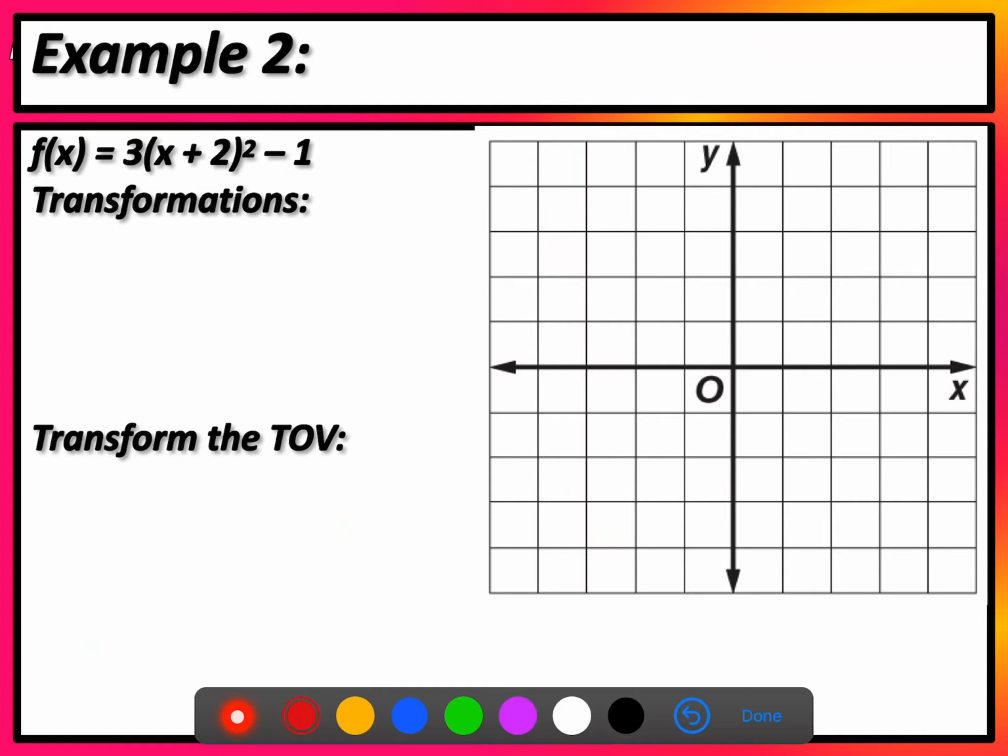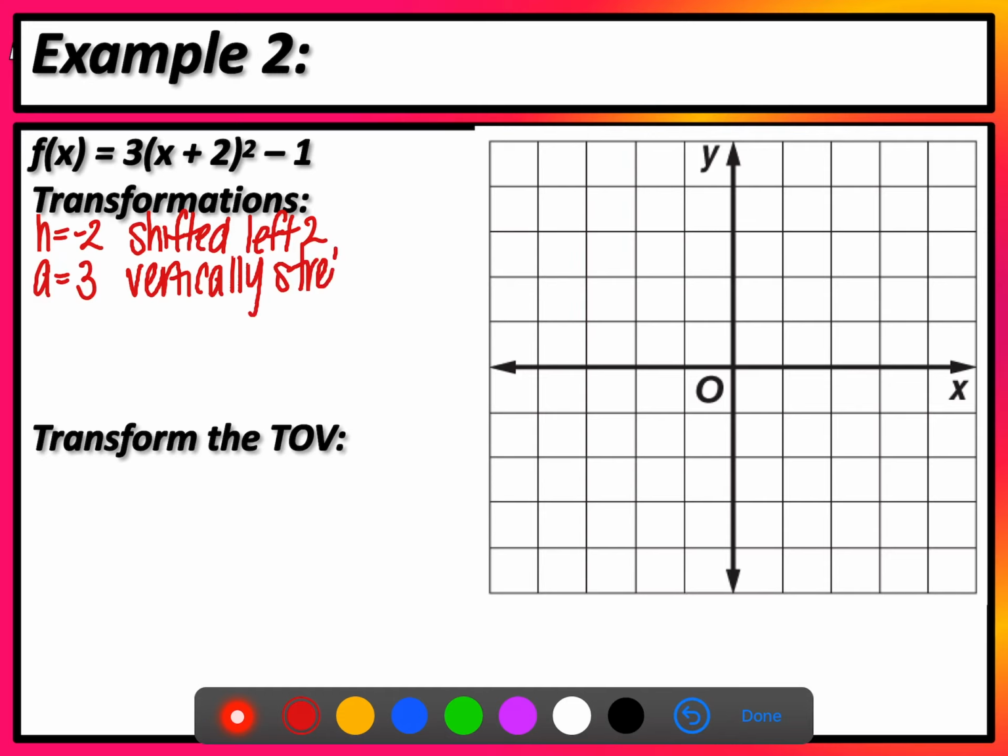So this is a quadratic function. Okay, inside I see an h of -2. So this is shifted left 2 units. In the front, there's an a of 3. So this is vertically stretched by 3.